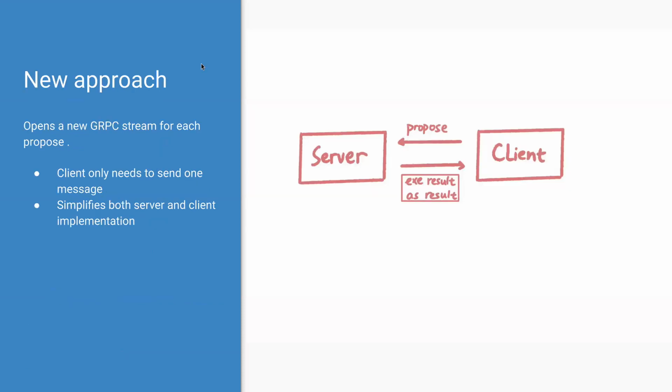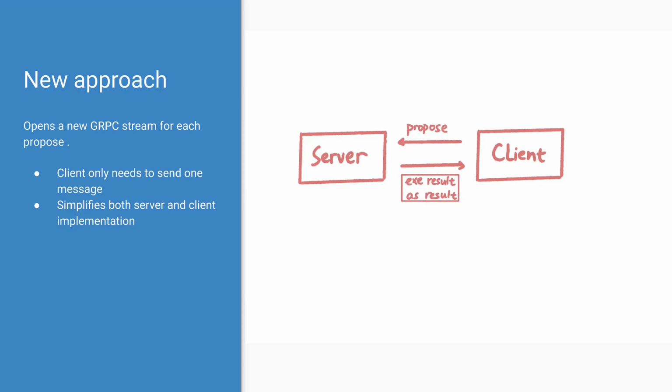In the new approach, we have switched from unary requests to gRPC streaming, because it is evident that the server needs to return a fixed number of results, the execute result and the after-sync result, and this scenario is well suited for using a stream.